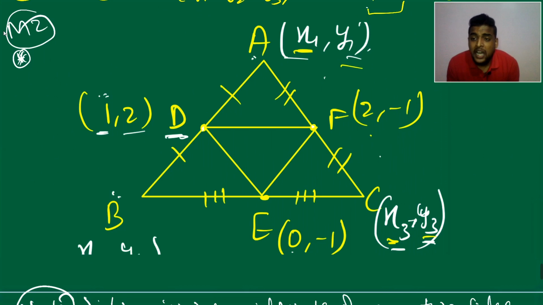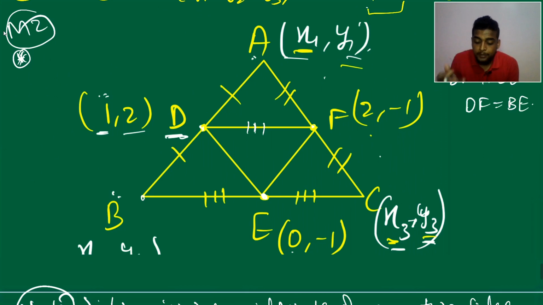What is half of BC? Half of BC is BE. So it means DF is equal to BE. Any problem? It means we can say that DF is parallel to BE as well as DF is equal to BE. No problem?